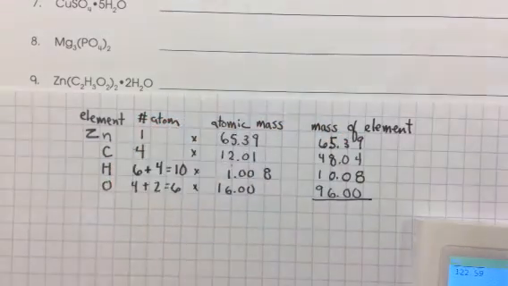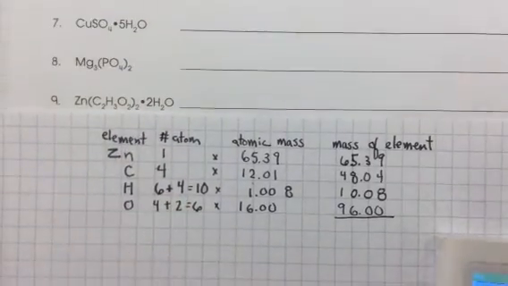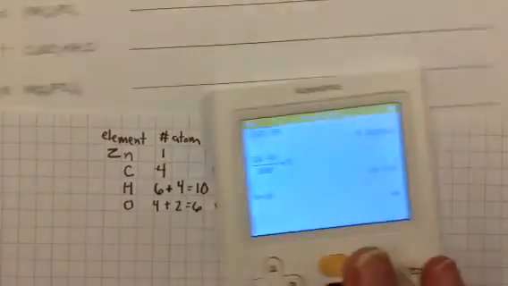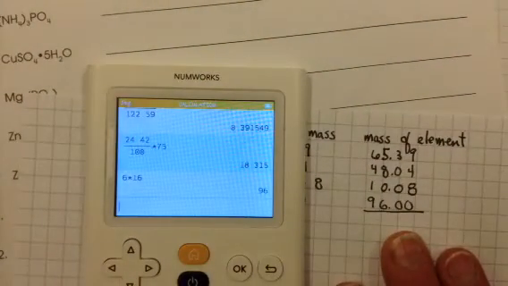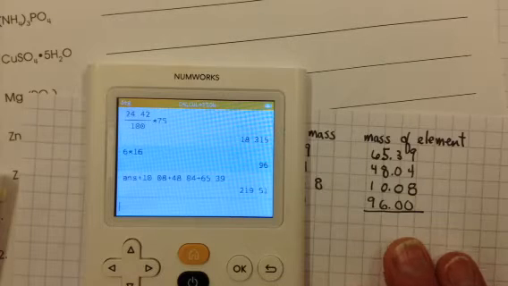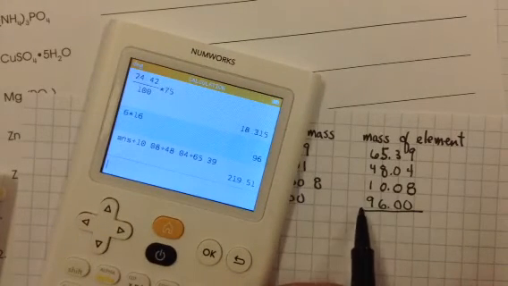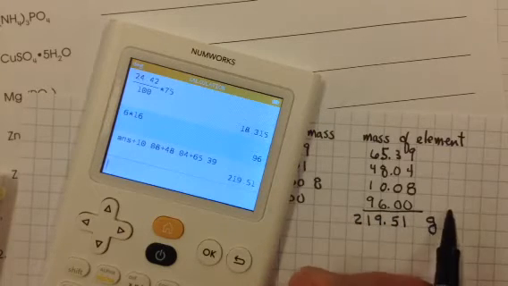So let's add them all up. And that will be our molar mass of our zinc acetate hydrate. Let's add these guys up. And we have 96 plus 10.08 plus 48.04 plus 65.39. 219.51 grams per mole.